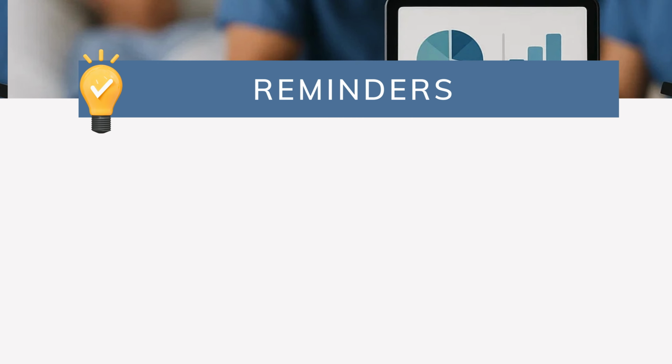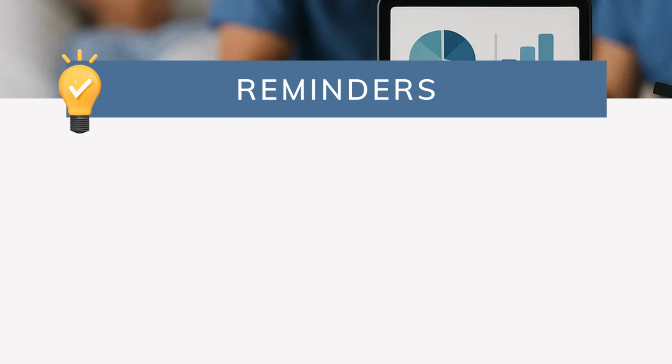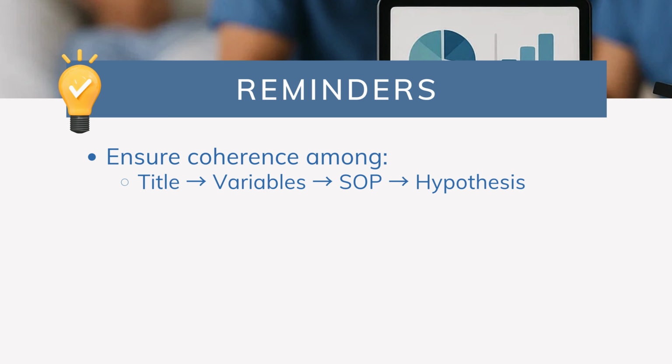Here are key reminders that will help you maintain coherence, accuracy, and integrity across your research document. Consider this your quality control guidelines. From the very first page of your paper, everything must line up.